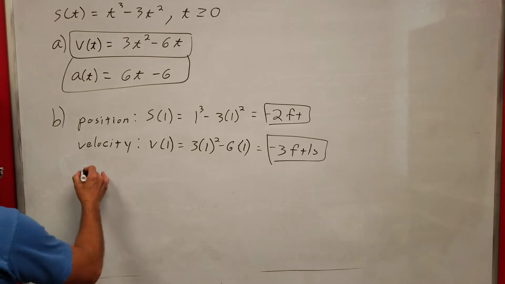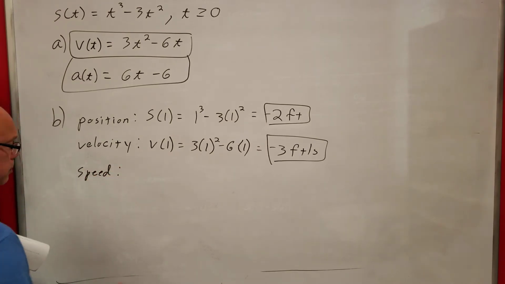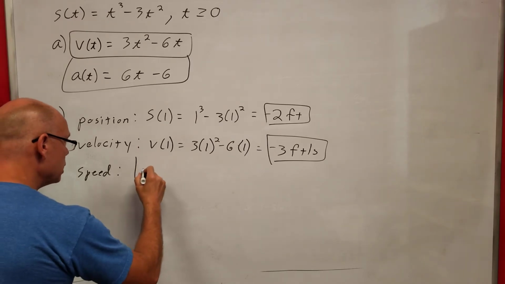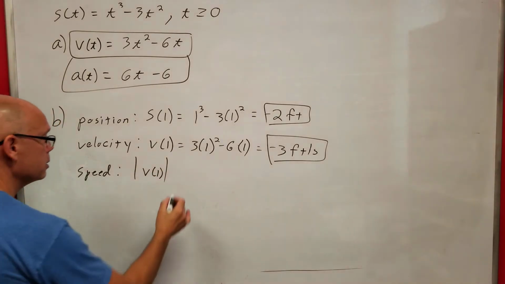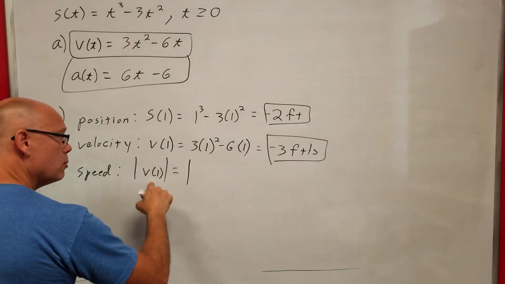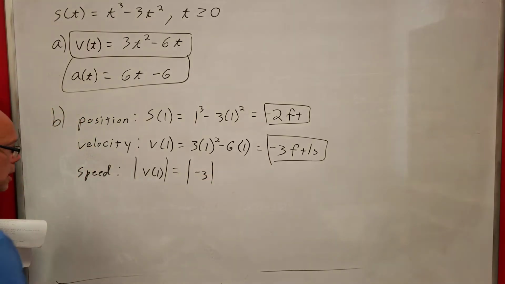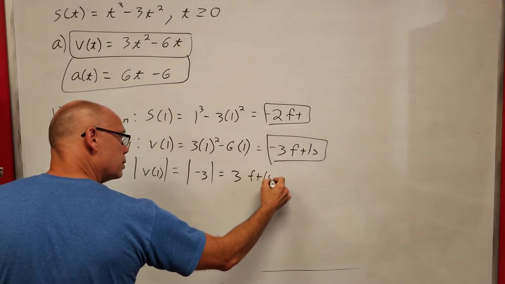How about the speed? Speed is the absolute value of my velocity. So take the absolute value of my velocity at 1. That was -3, so the absolute value of -3 is 3, and I still have the same unit, feet per second.